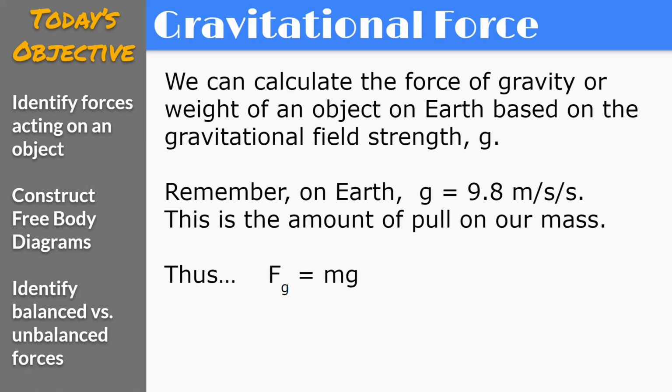Now, I told you that the force of gravity is also called weight. Whenever we look at these interactions between you and the Earth, the force of the Earth pulling down on you is what gives you your weight, and it is Fg equals m times g. This is how you calculate it. You take your mass in kilograms and you multiply it by Earth's gravitational field strength, or gravitational acceleration, which on Earth is 9.8 meters per second squared.